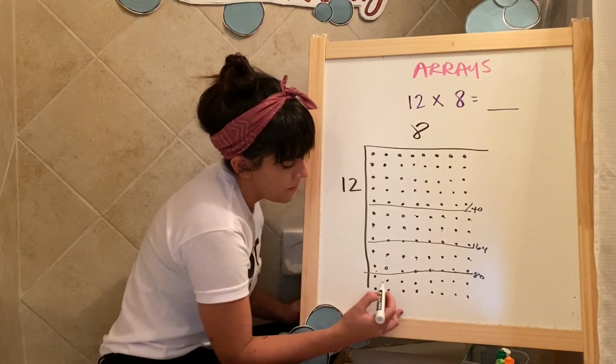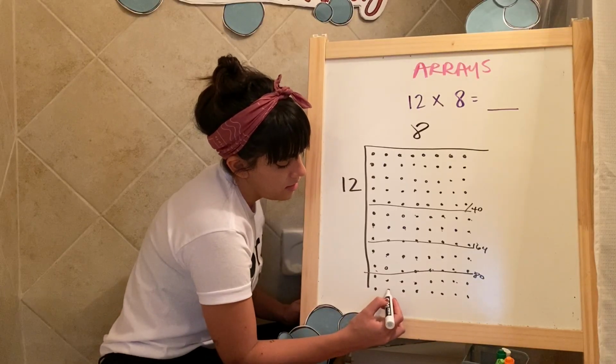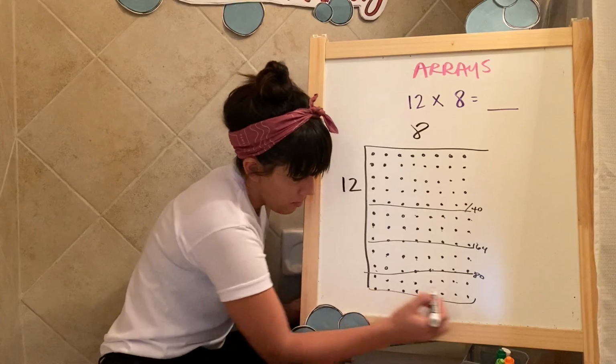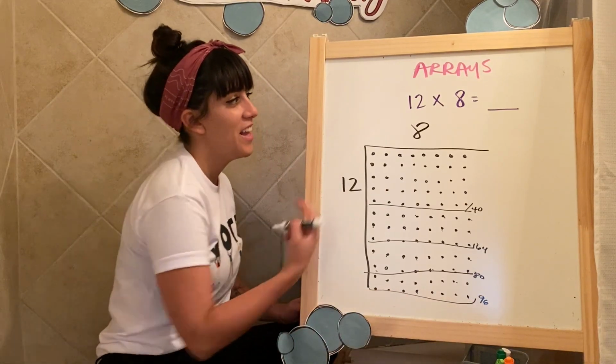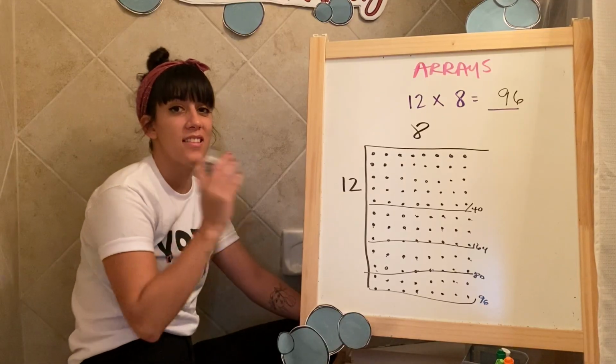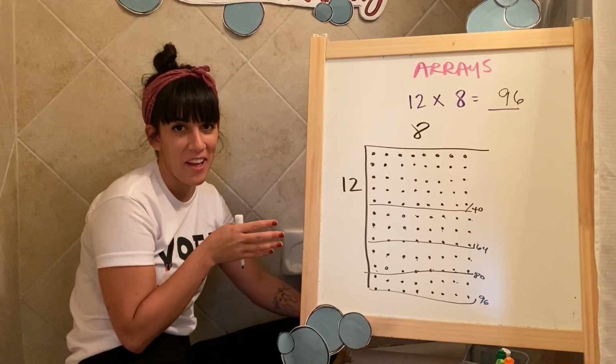Okay, I have 80 here. 81, 82, 83, 84, 85, 86, 87, 88, 89, 90, 91, 92, 93, 94, 95, 96. All right. So I know that 12 times 8 equals 96. This is a strategy you can use. Totally fine. But let me show you more, okay?